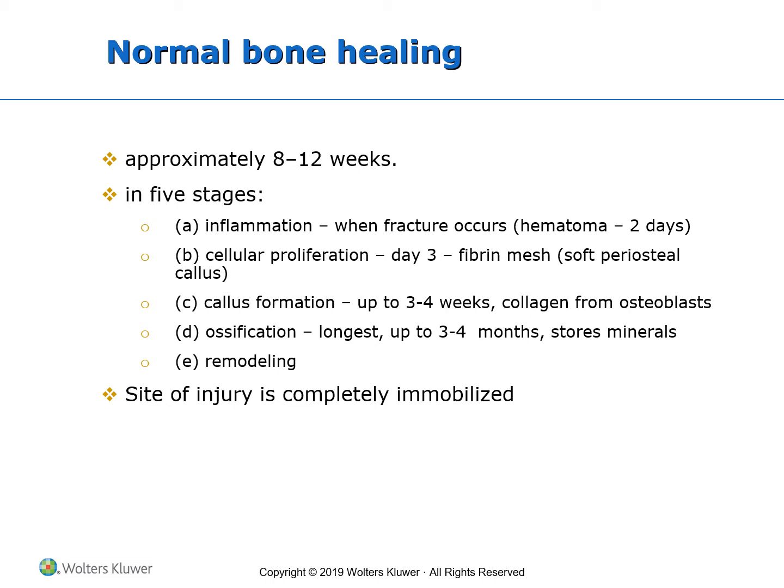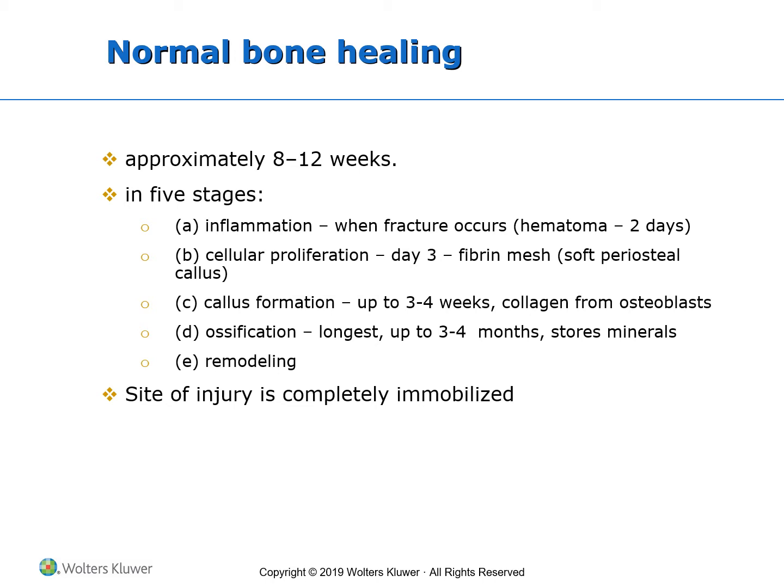Starting around day 3, the process of cellular proliferation will start. Fibroblasts will invade that area and they will start to secrete collagen and fibrin, and they will start to develop the periosteal callus. Callus is that healing process that is specific for fractures.